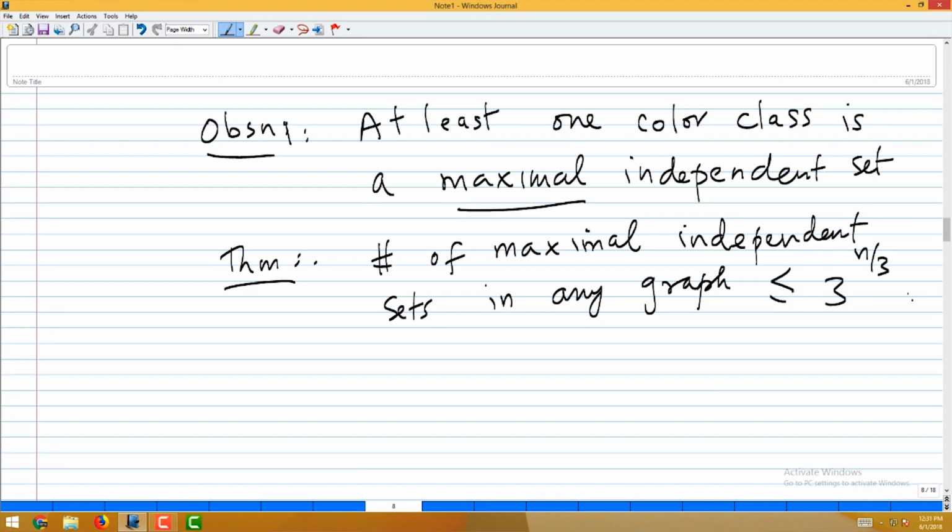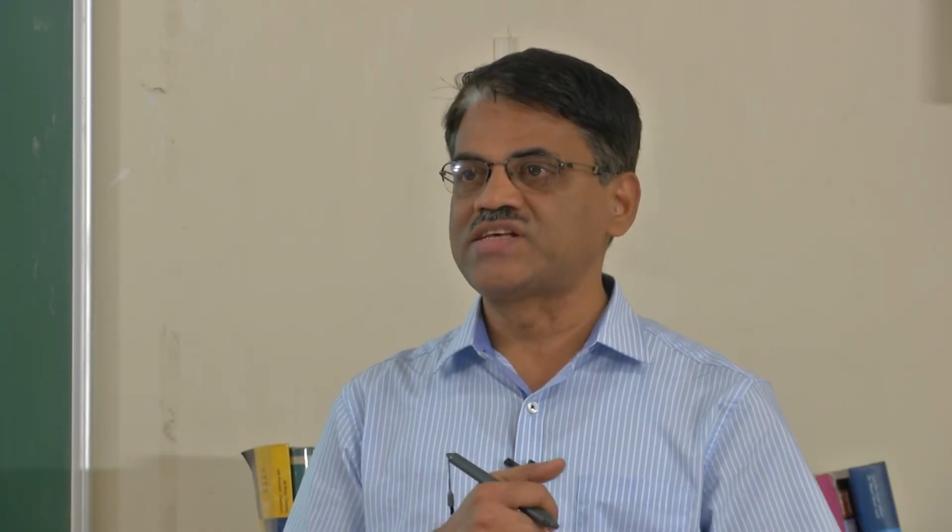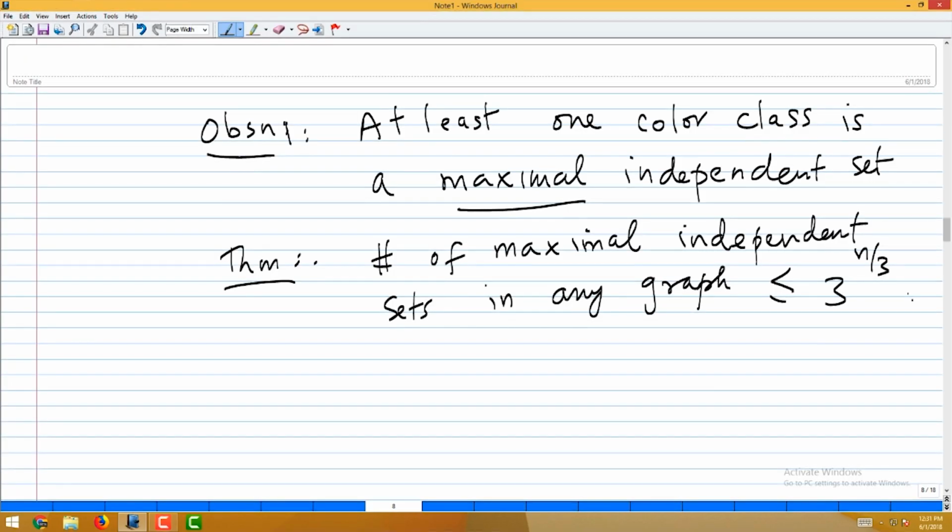Okay. So, because we are looking at maximal independent sets, let us suppose the whole graph is a perfect matching. How many maximal independent sets are there? 2 to the power the cardinality of the matching. What is the cardinality of the matching? N by 2, right. So, if the whole graph looks like this, how do you get a maximal independent set?